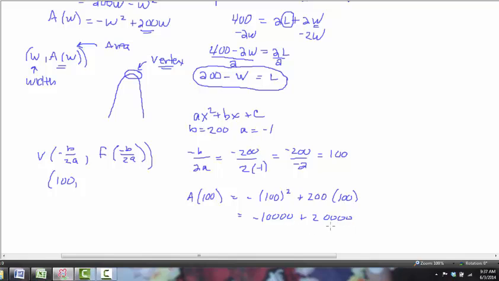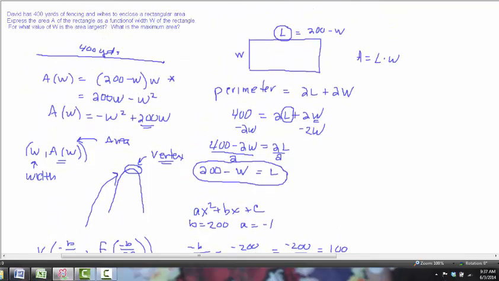So it's really 20,000 minus 10,000, which is 10,000. So that is my y coordinate. So again, W, A of W. Since this is the vertex, this is giving me the width that yields the maximum or largest area, given that 400 yards of fencing that I have.